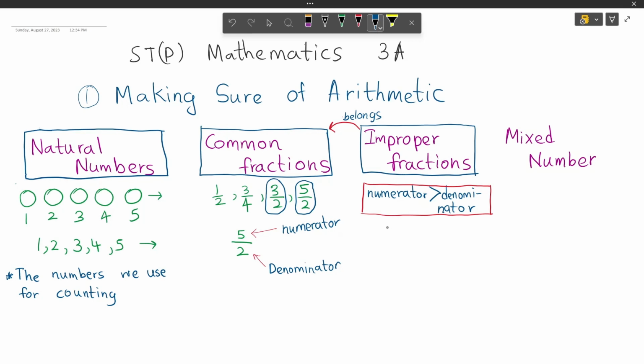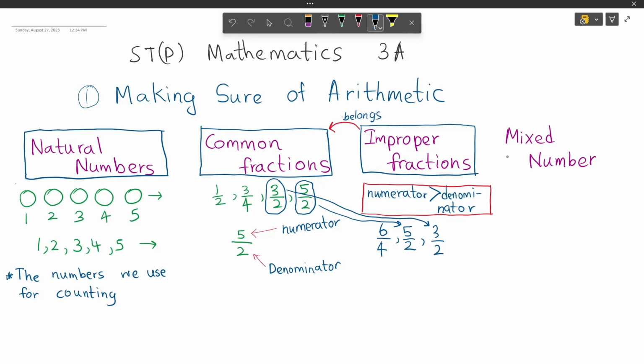Let me write an example for this also. 6 over 4. And let's take these two also. 5 over 2, 3 over 2.